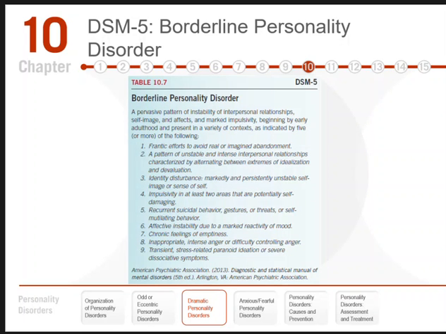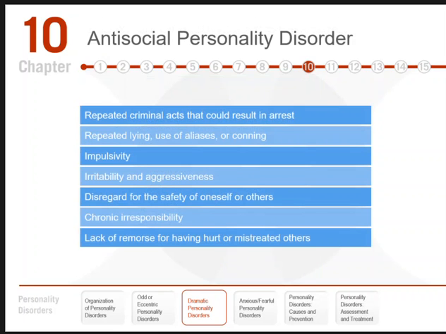Going back to antisocial, these are the folks that you'll most likely find locked up in prison if they're on the extreme end, because people don't want to have their rights violated. They have a reckless disregard, and they don't think ahead or plan ahead.